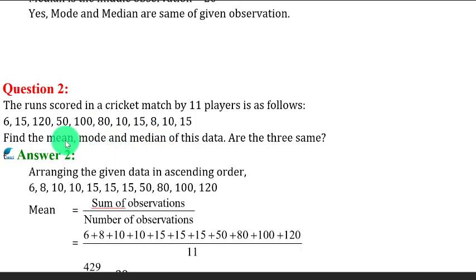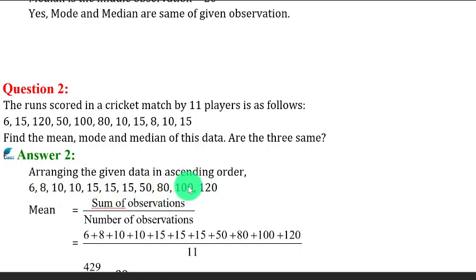So for the mean, we know the formula: sum of the observations divided by the number of observations. So in this, the given observations should be written in ascending order. Arranging the given data in ascending order: 6, 8, 10, 10, 15, 15, 15, 50, 80, 100, 120.